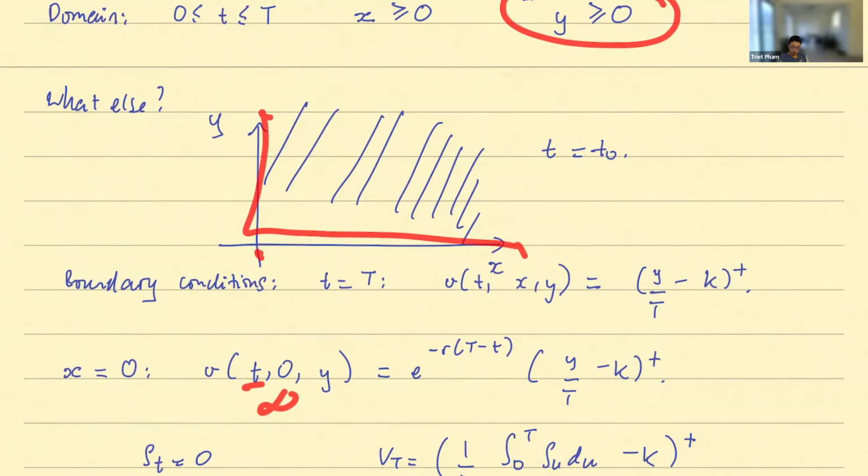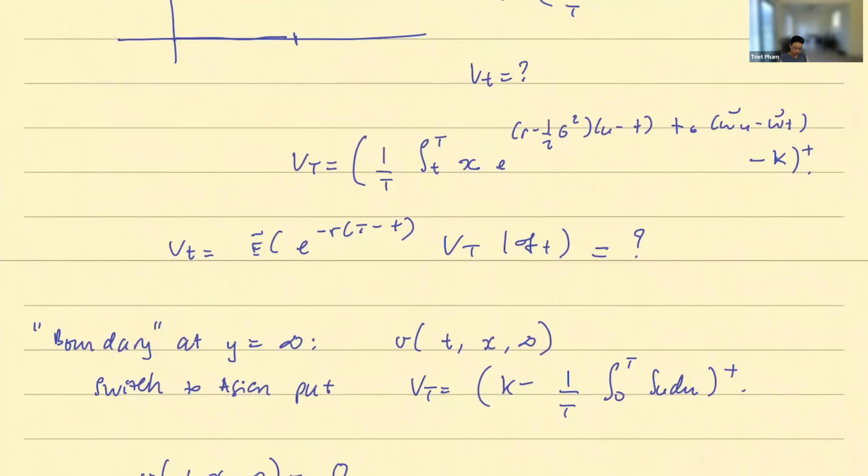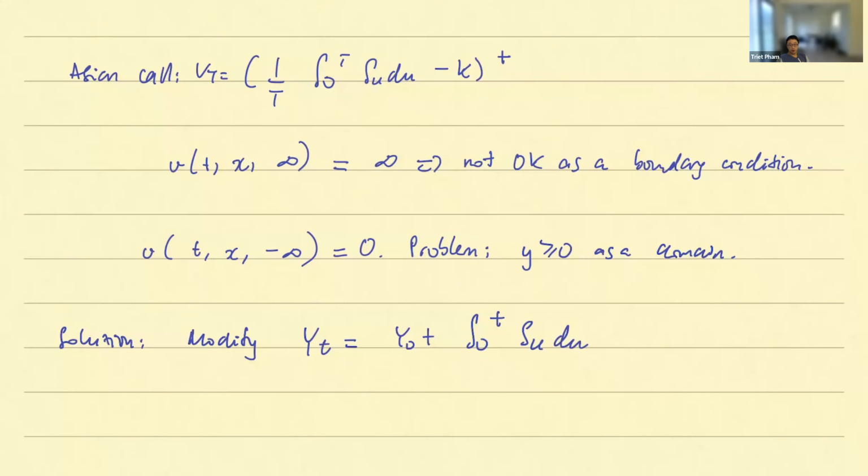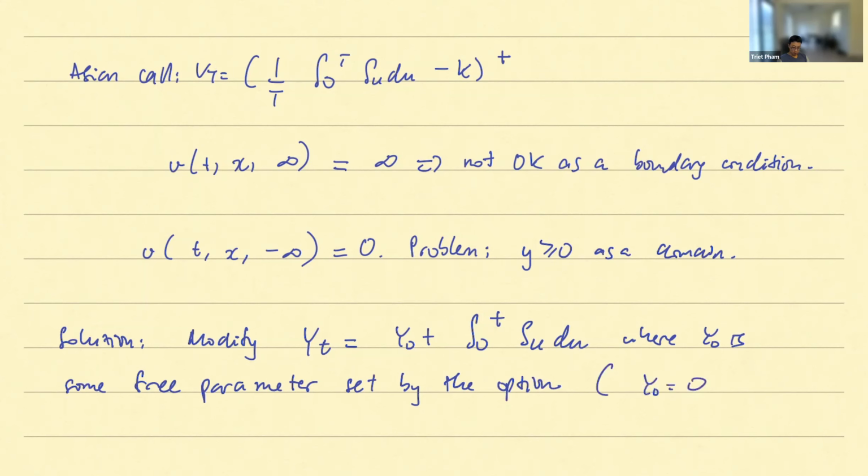So what you do then is modify YT to be like this, where Y0 is some free parameter set by the option. So Y0 will put 0 in the agent.